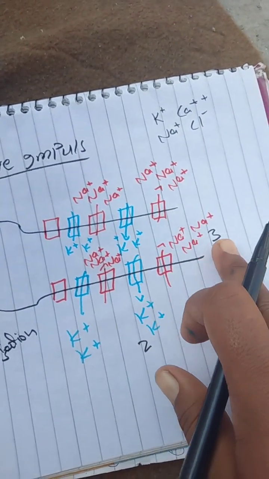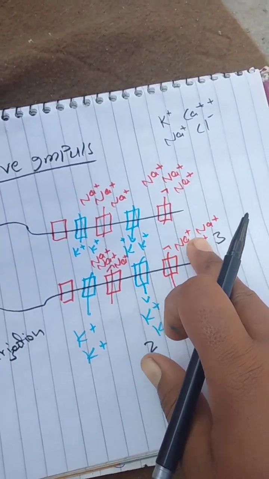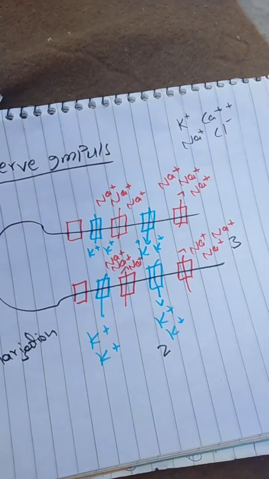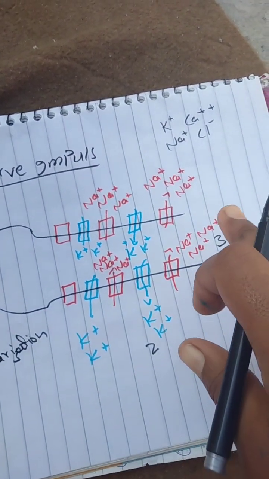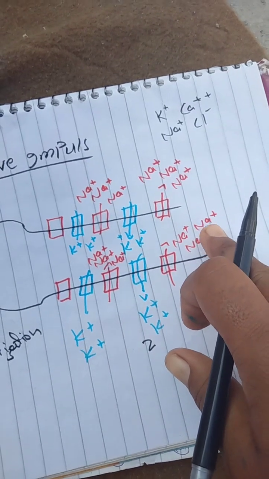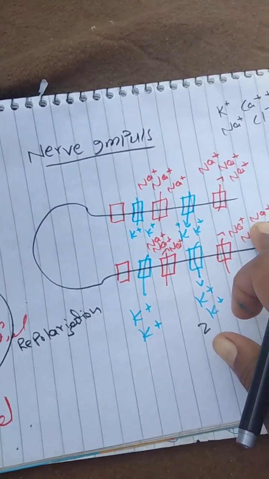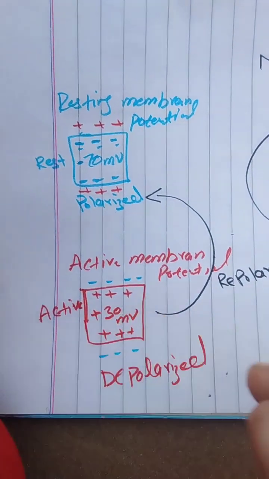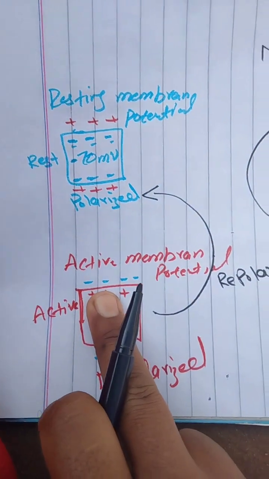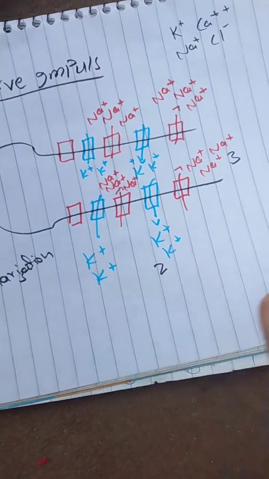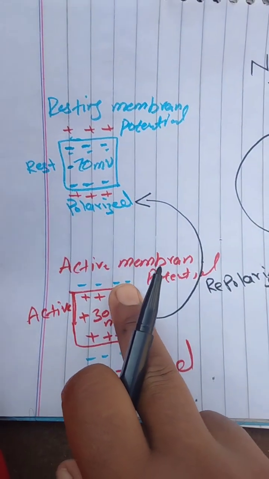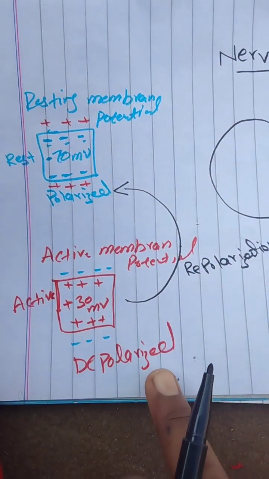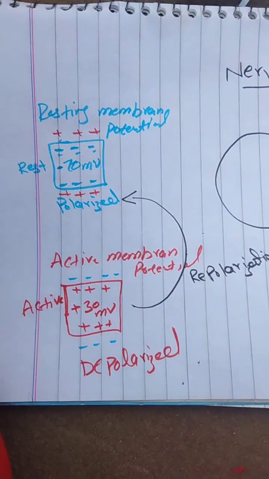So the concentration of sodium ions inside the cell is higher as compared to outside the cells, because the number of positive ions is higher inside. So the cell membrane of the nerve cells becomes positive inside, and because the number of positive ions is low outside, the cell becomes negative outside. So this is the active condition.